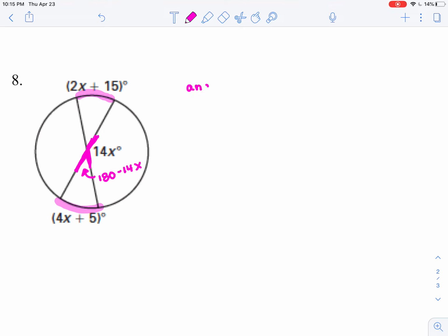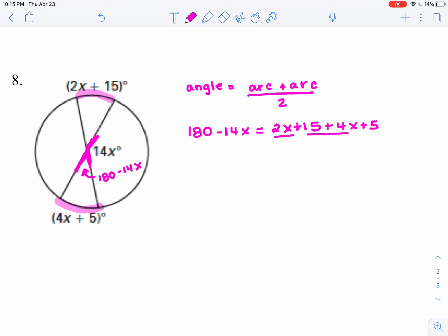Then inside of the circle, the measure of the angle formed is the sum of the 2 opposite arcs divided by 2. So if I fill into this formula, the angle that we have labeled is 180 minus 14x equals the 2 opposite arcs, 2x plus 15 and 4x plus 5 divided by 2.